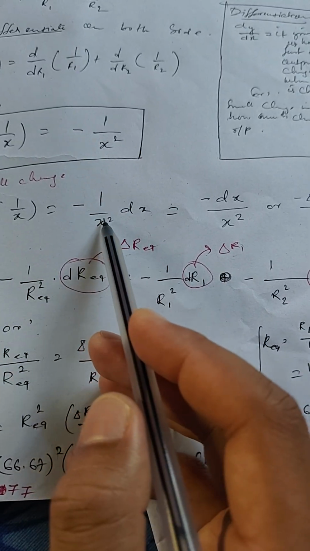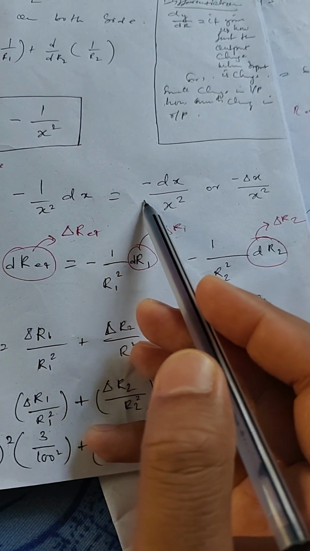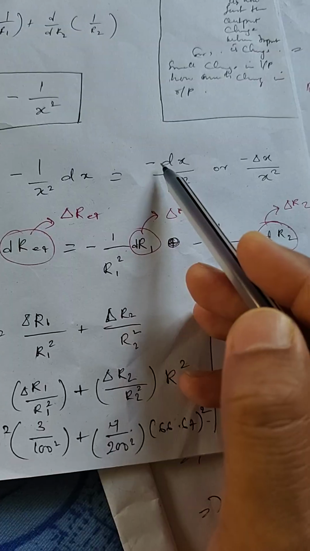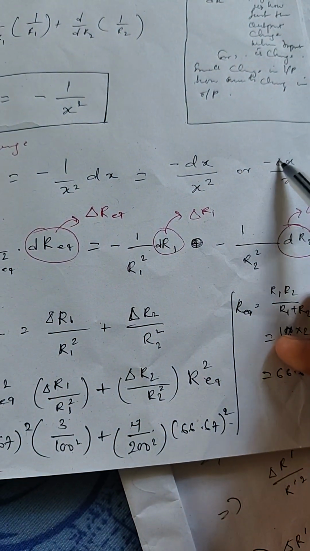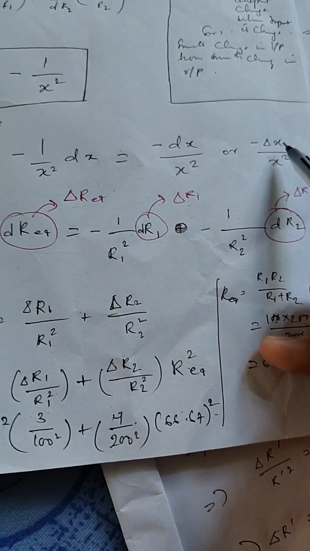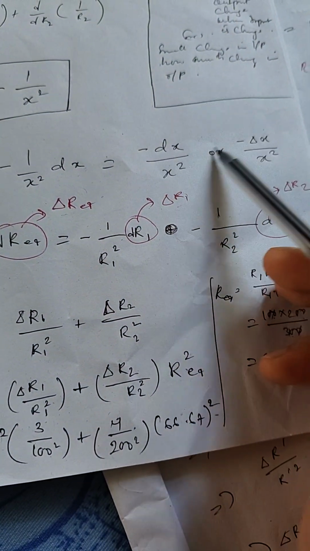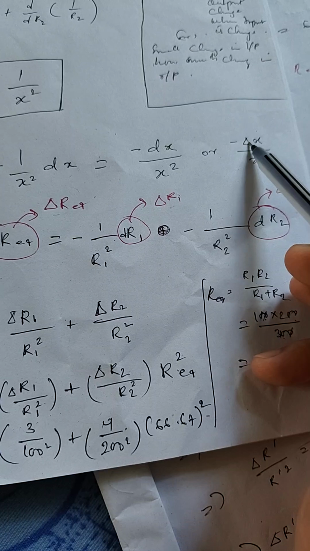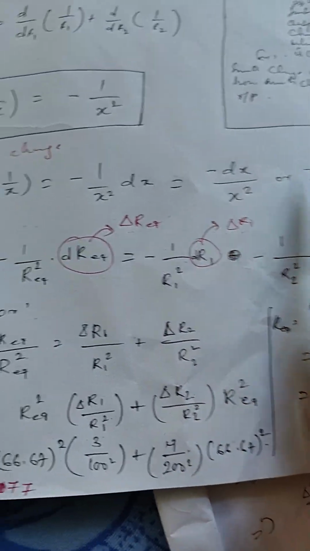We have replaced dx with delta x, because our absolute error is represented by delta x. They are both the same, and this symbol can be used interchangeably.